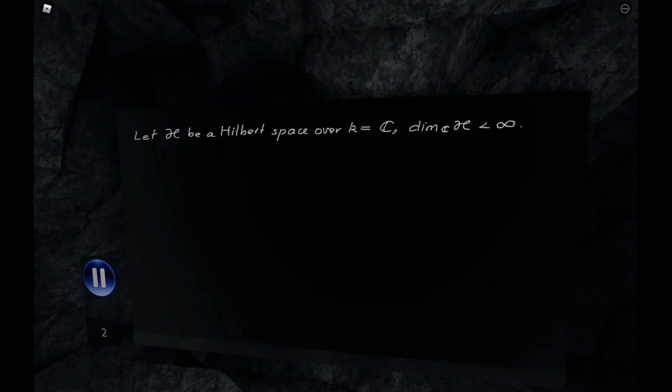That just means that H is a finite dimensional inner product space over C, and I'll write the inner product as above. And I'm going to take the convention that the pairing is linear in the first variable, so the mathematician's convention. If you want to use the physicist's convention, you'll just have to put some bars in different places in the following.